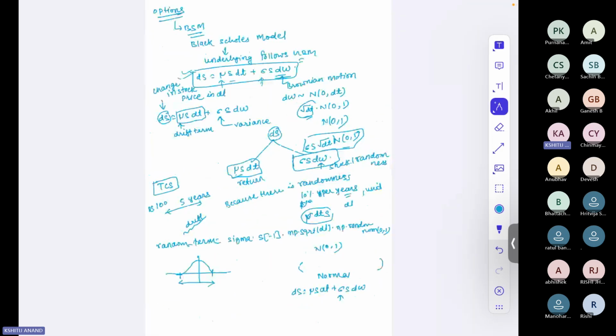Let us take it through an example, and then it will be more clear for everyone. We have dS is equal to mu S dt plus sigma S dW. Because I have worked in the futures market, and now I am working in OTC market pricing, I might not give you a true picture of how much mu and sigma are.